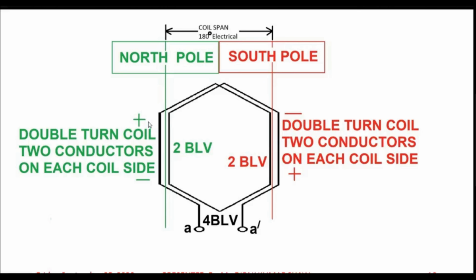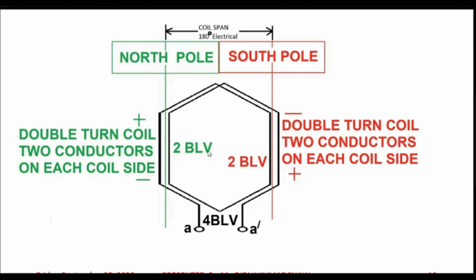So the polarity of induced EMF for the coil sides, that is plus and minus, is shown opposite for conductors under north pole and south pole, because they have opposite direction of magnetic flux density B.